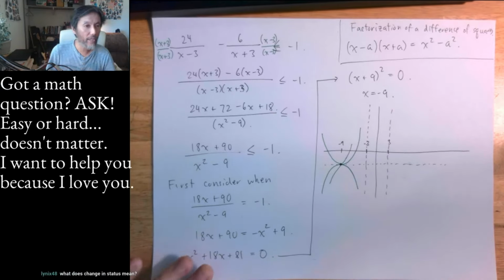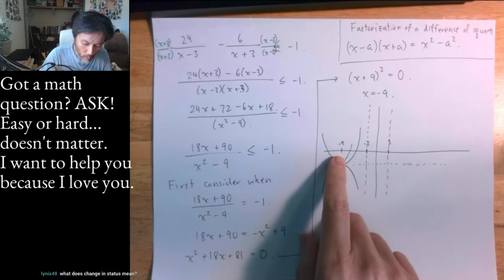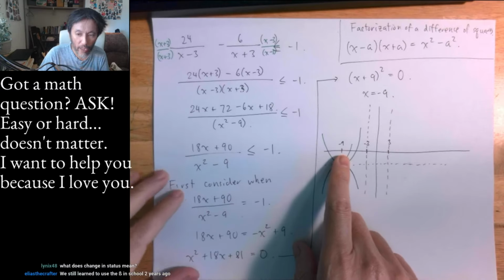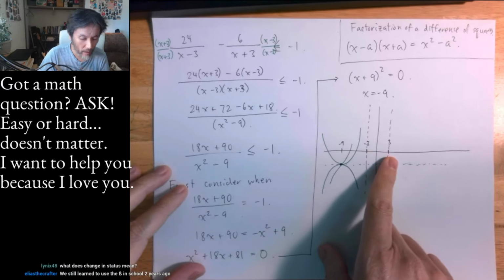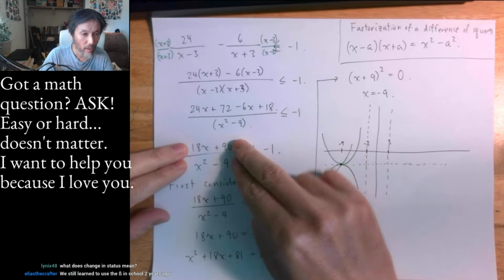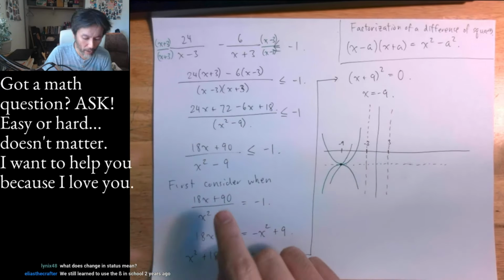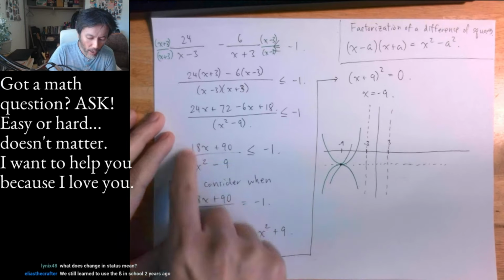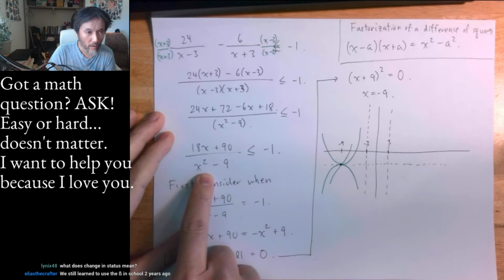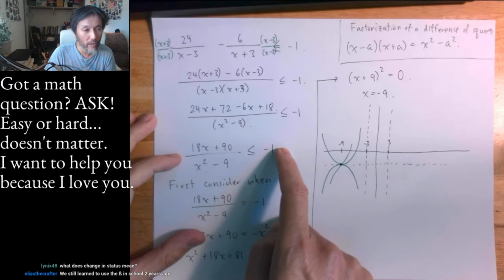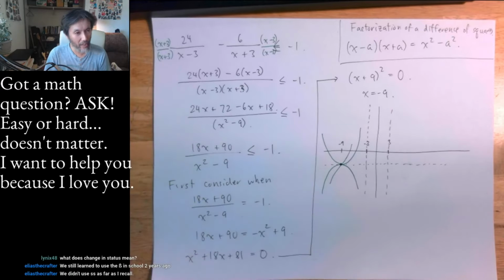What does change in status mean? What I'm saying is that these are the places where this thing could possibly change in status, where by status I mean the value of this expression could change from either satisfying this inequality to not satisfying this inequality.